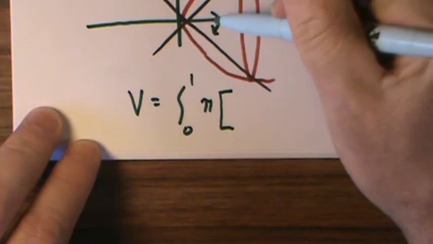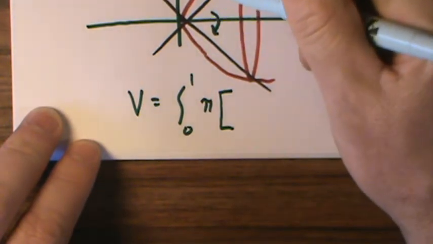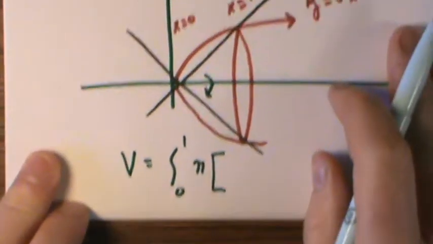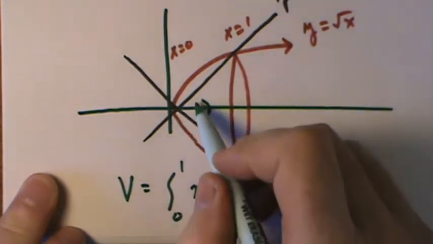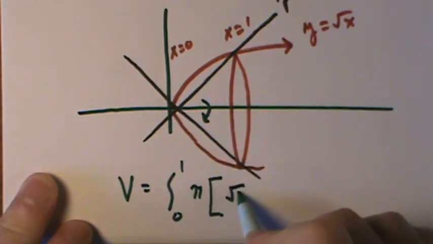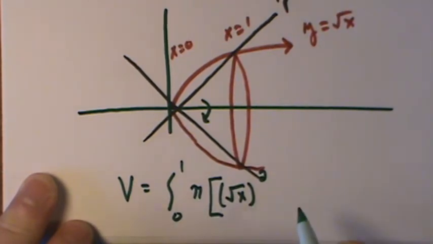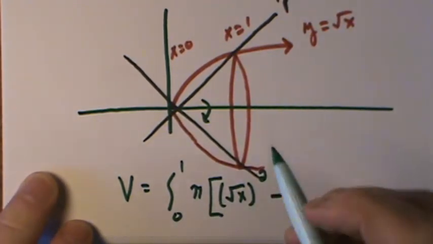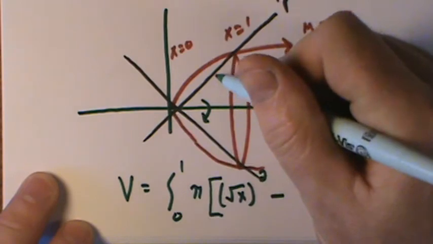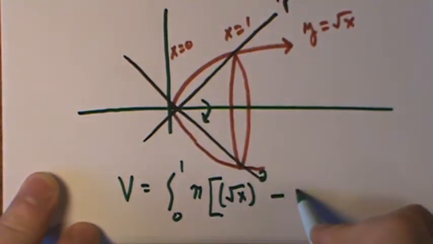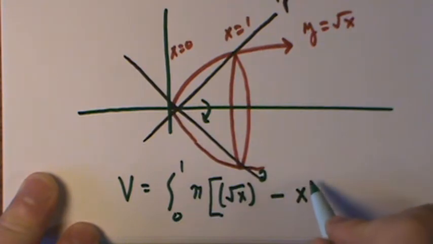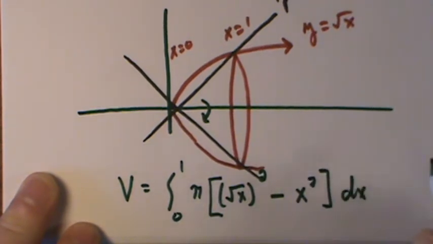The furthest distance out that you go from your axis of revolution. It'd be your rad x. And since that'd be rad x, we're going to say rad x that gets squared, that's pi r squared, minus our shortest radius is just x, so we would say x that gets squared, and then we would do our dx.